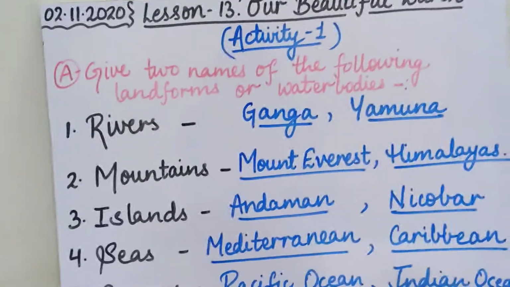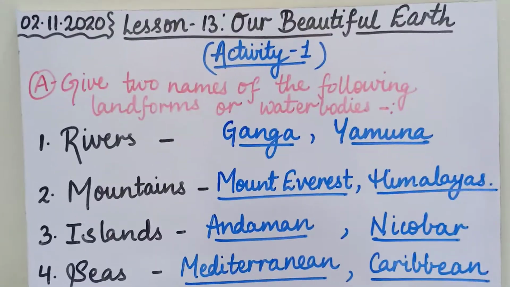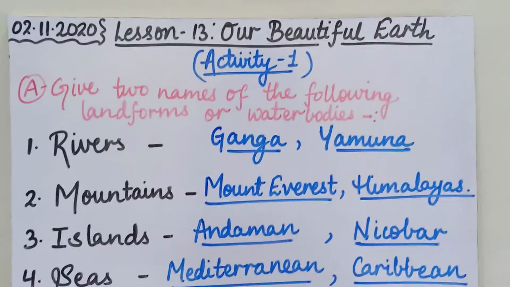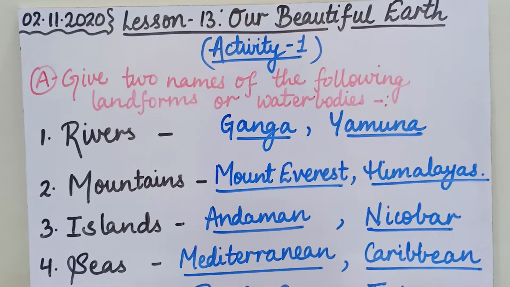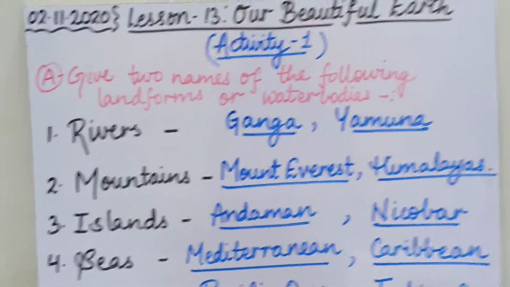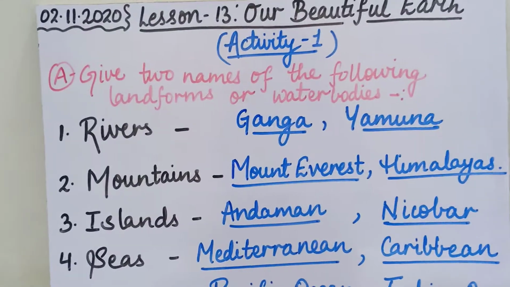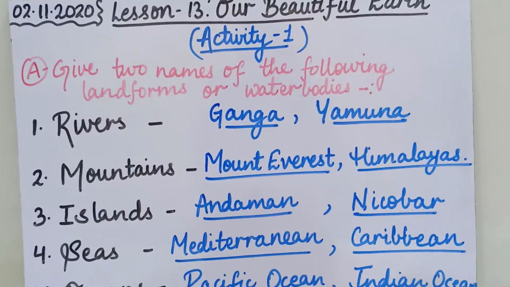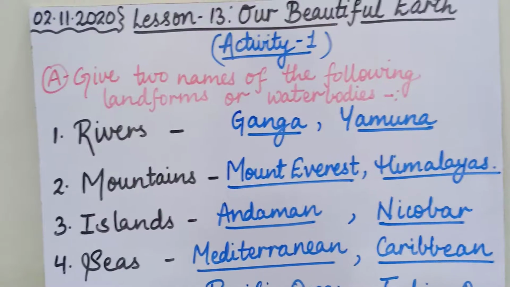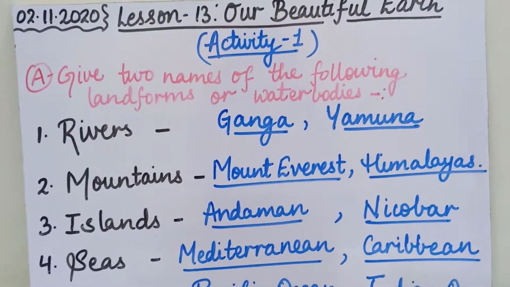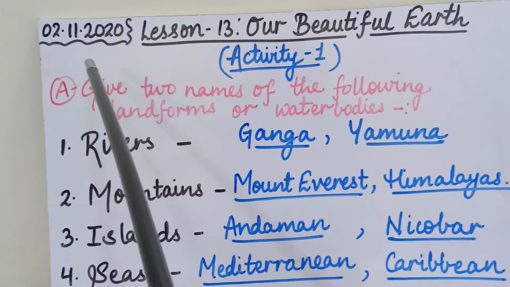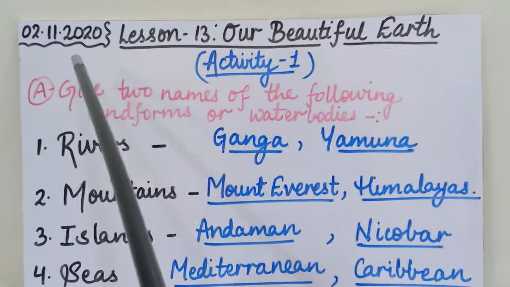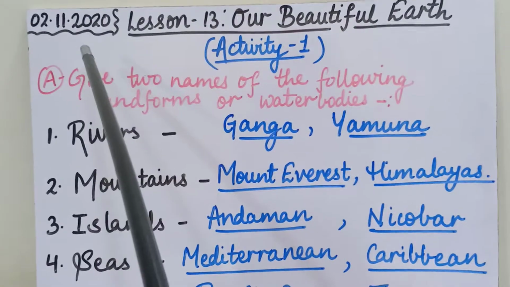Now starting with our activity, children, listen to this video very carefully. You will do this activity in the notebook where you have completed your question answers. After completing your question answers, you will turn to a new page in your EVS notebook and write down today's date on a fresh page, that is 2/11/2020.